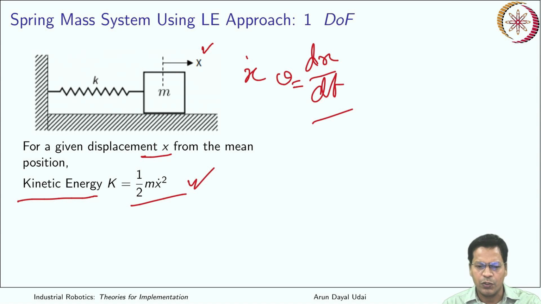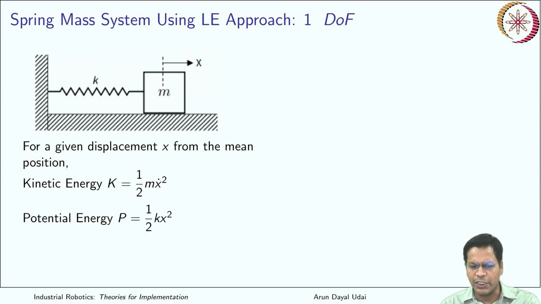At any instant you have velocity which is given by x dot. So how much is the potential energy? Potential energy here is only because of the spring extension, or compression if it is on this side. By basic physics, it is 1 by 2 k x square, where k is the stiffness of the spring and x is the displacement.